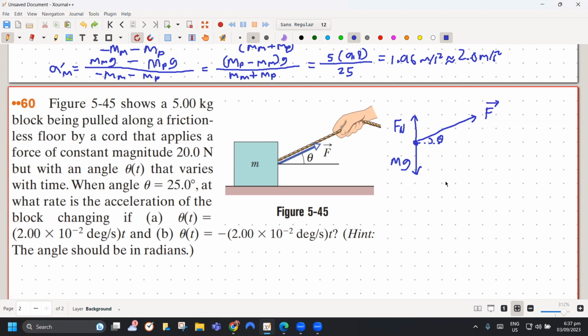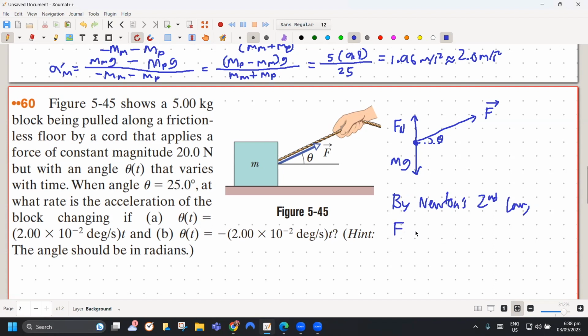So if theta of t is this, ano yung, okay. So yun yung second law.